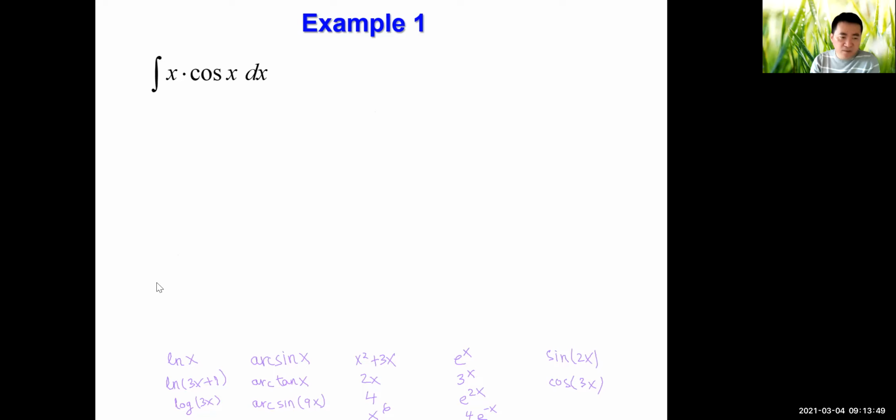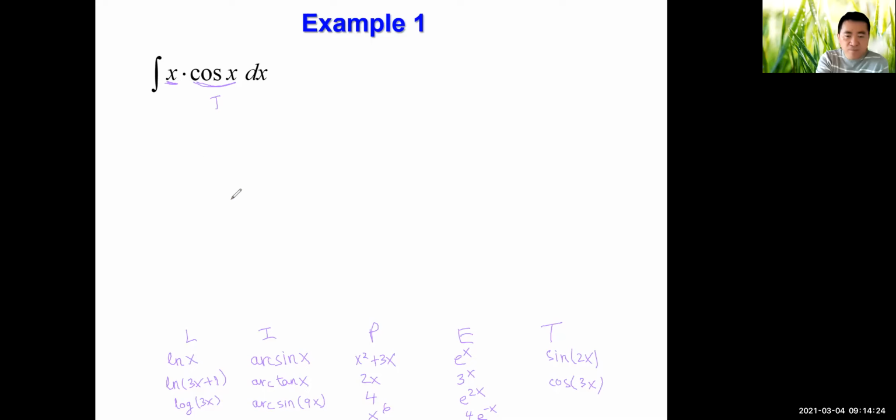If you look at this, you should notice that x times cosine x is the product of two functions, and again, what you have is LIPET, L-I-P-E-T. So you look at this, what type of function is x? And what type of function is cosine x? Well, cosine is trig.